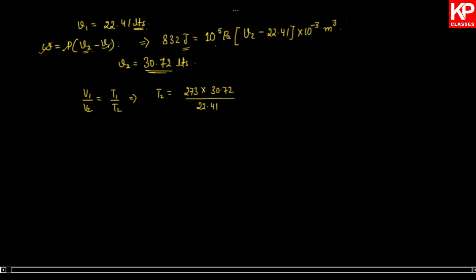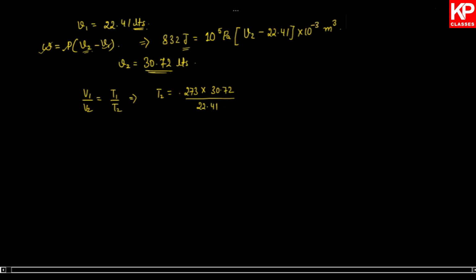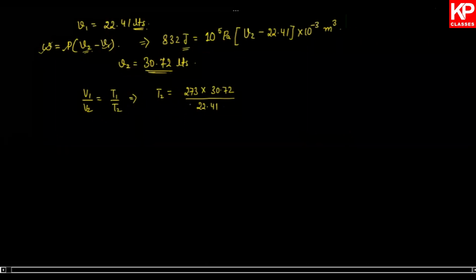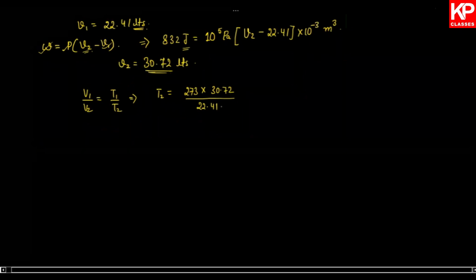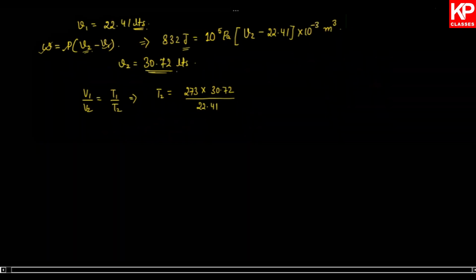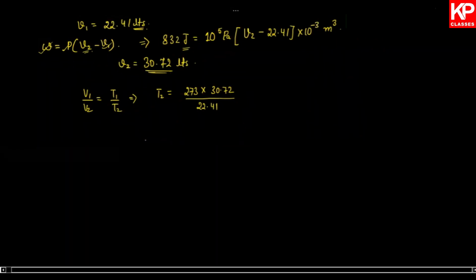Yes, exactly. So we have converted it from meter cube to liters. If it was taken in meter cube, then you have to convert 22.41, and there will be an additional 10 to the power minus 3 term included in every expression wherever the volume is used. To remove that, we have just converted into liters and used it over here.